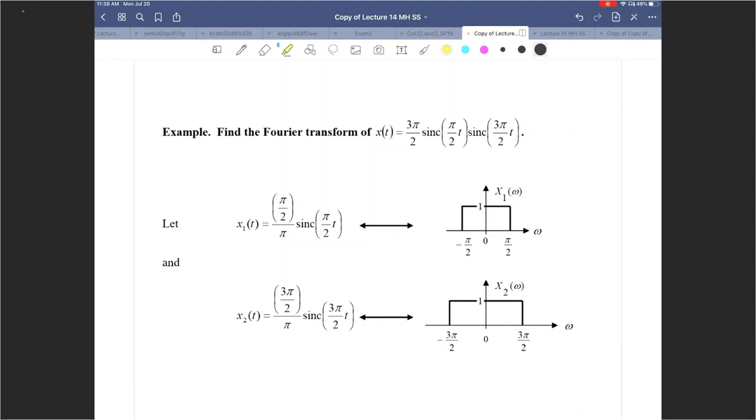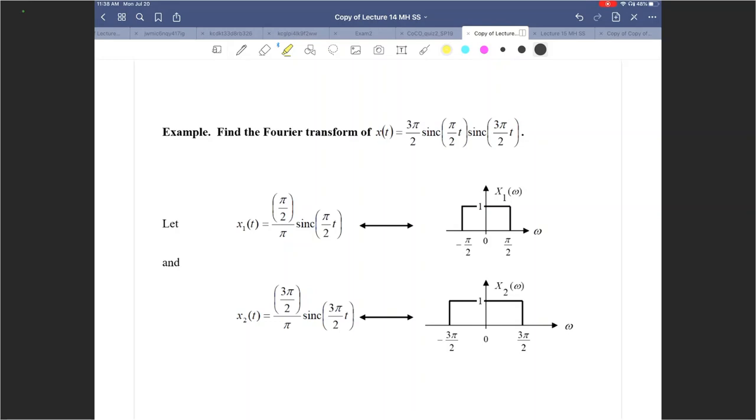Now let us try to use the properties that we have learned so far and find the Fourier transform of x of t. Before we do anything, can you guys tell me the shape of the result? Before we do anything, I want you guys to picture the result now.